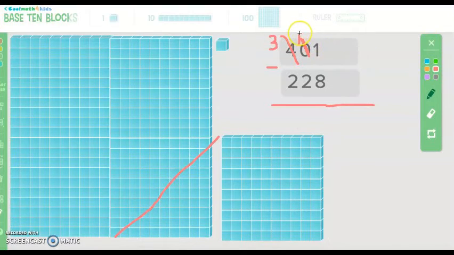This one can't take a 10, so we're going to turn it into a 9 because we need the 10 here. So this 10 turns into an 11 because of this extra 1. Only one of the 10s is going to break up. So this 10 up here is going to turn into 10 ones.